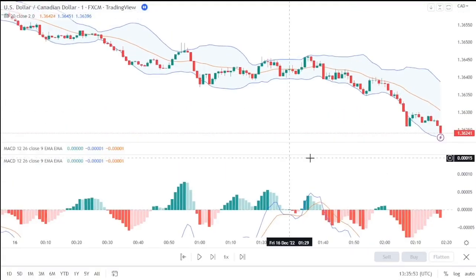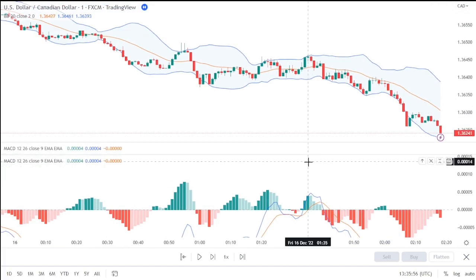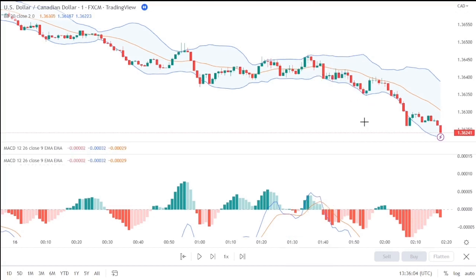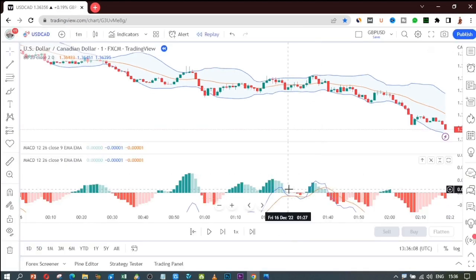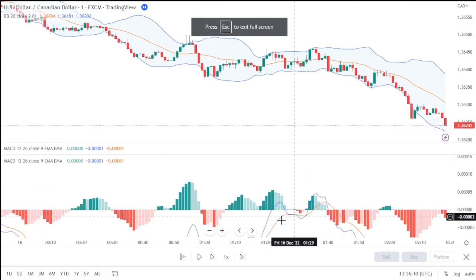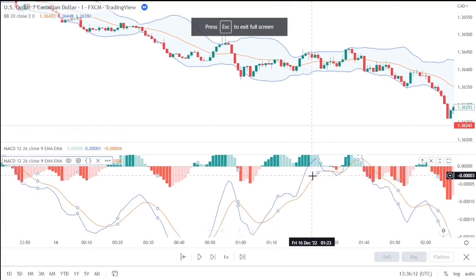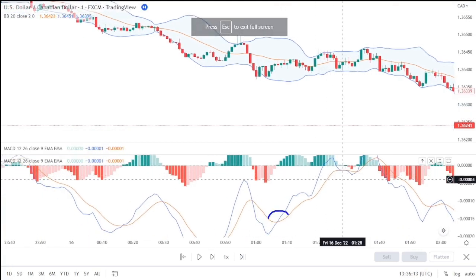So the way that most people trade this is they say, okay, if the MACD crosses over just like this right here, you are going to sell on the main chart, expecting prices to drop. If the MACD crosses to the upside, you are going to be looking to buy, expecting prices to go up.